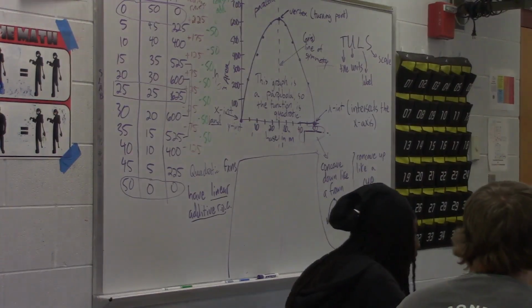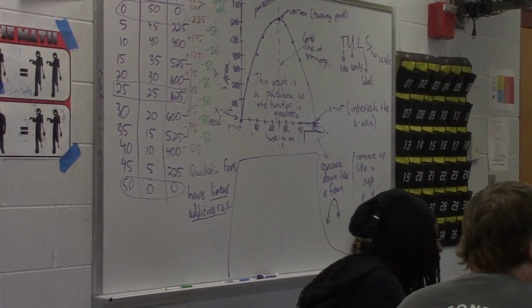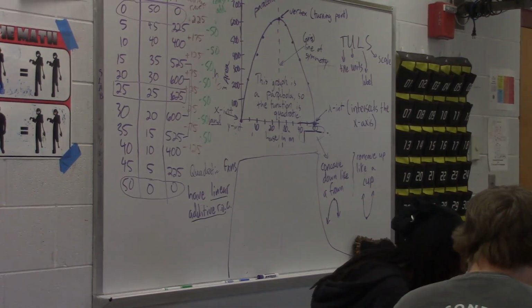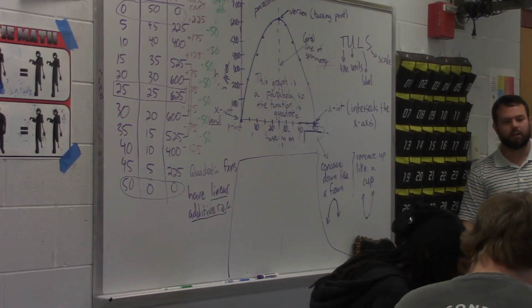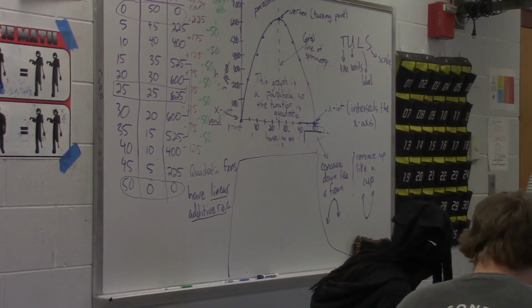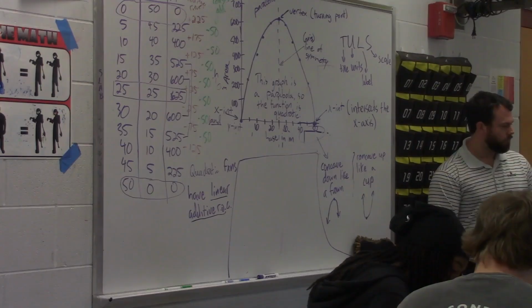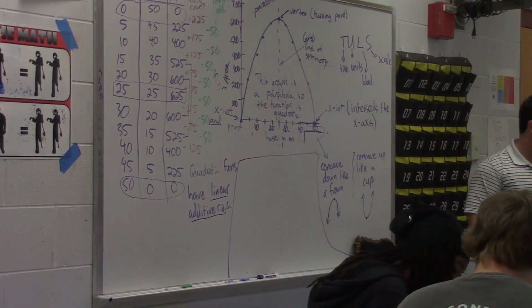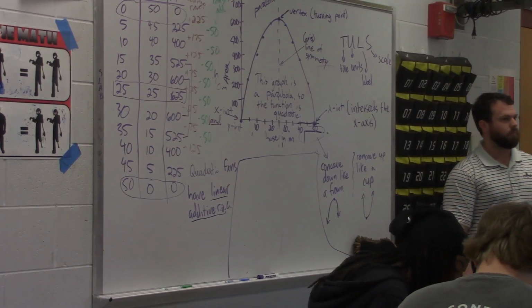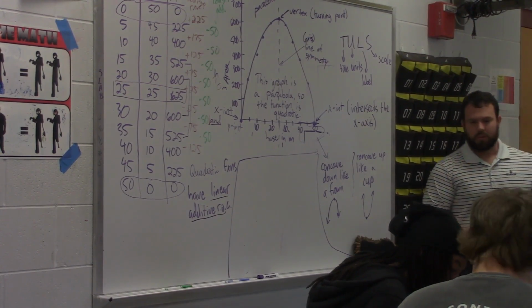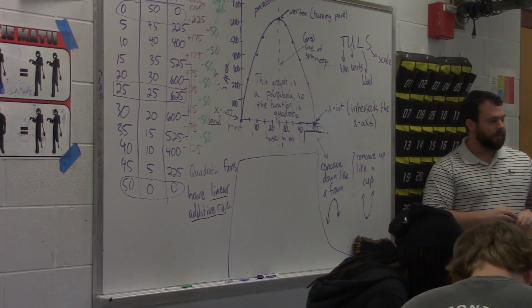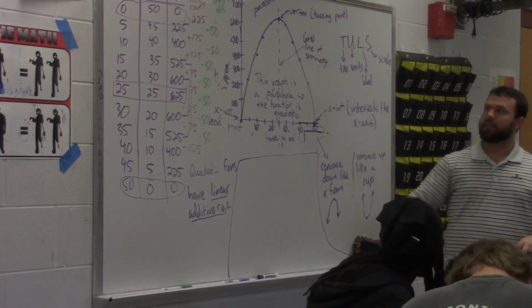A quadratic has a linear additive rate of change. That's the only way to know every time in a table if you have a quadratic or not. You have to make sure you have that detail down. That has a linear additive rate of change.